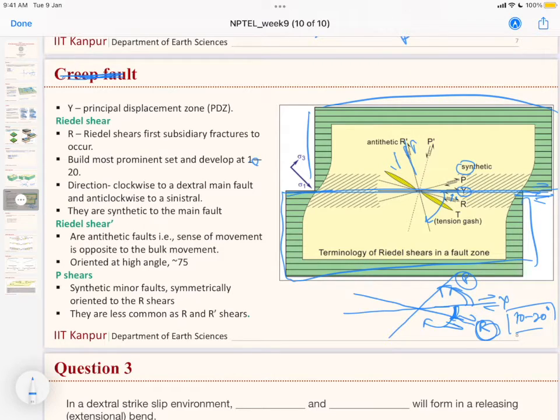But our major fault system has the dextral direction. So that's why they are antithetic, because anti means opposite, anti to the bulk direction or the major principal deformation direction.